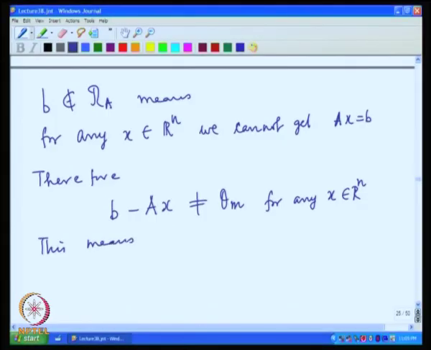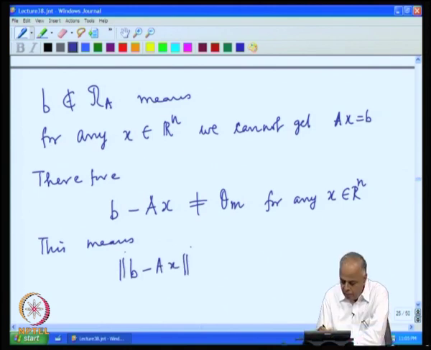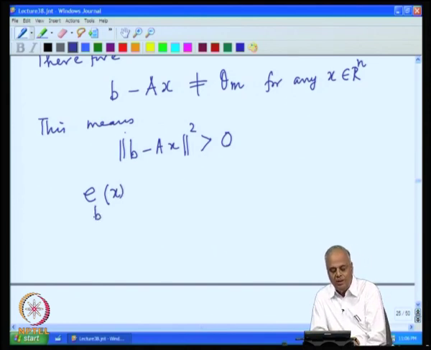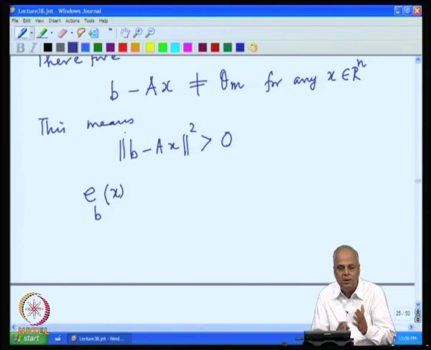This means, since it is not 0, its length squared will not be 0, and therefore it will be strictly positive. This we will call the error. If we had taken x as the solution of the system A x equal to B, we would get an error because A x is not equal to B, and that error is measured by the difference I am getting.